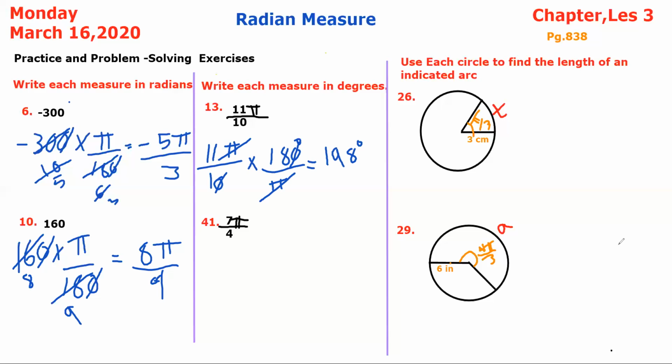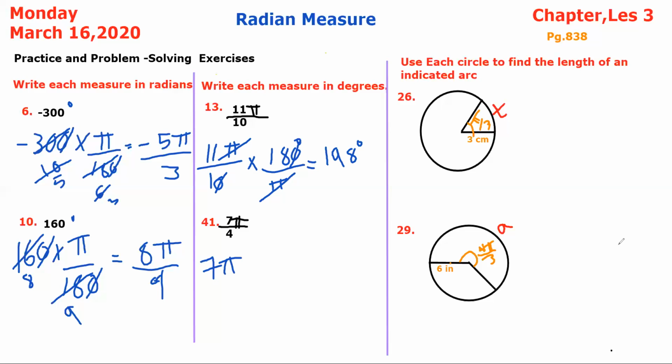So here 11π over 10 is equal to 198 degrees.